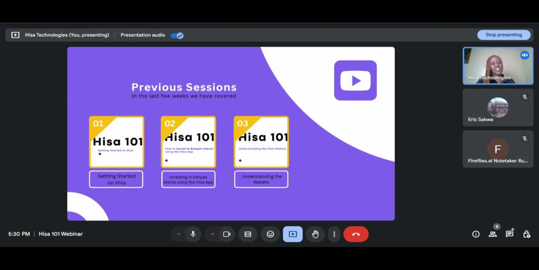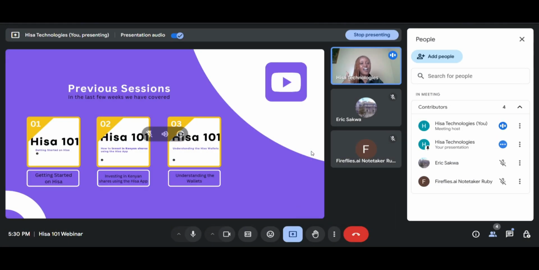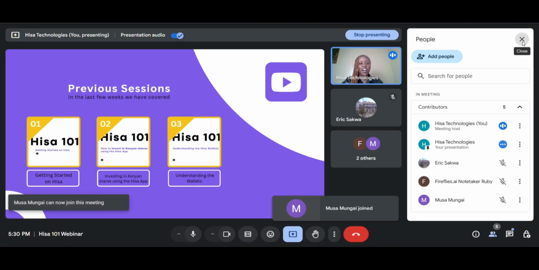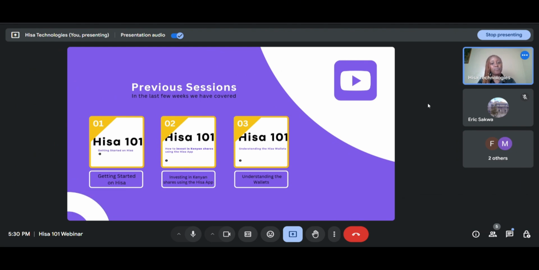You can get this and so much more information on this recording. The second week, we covered investing in Kenyan shares using the Hisa app, the step-by-step process of placing an order, getting your account verified, selling, and so forth.